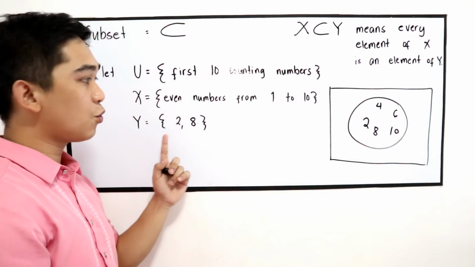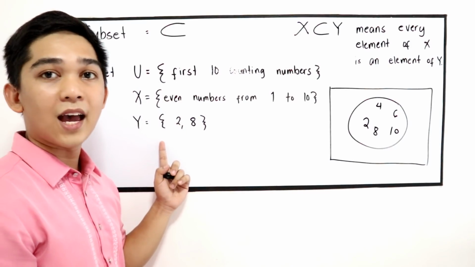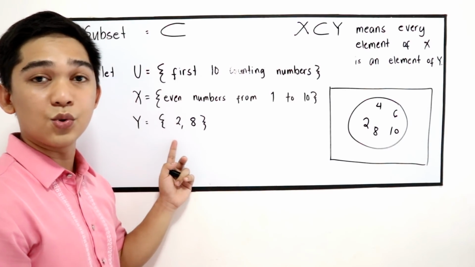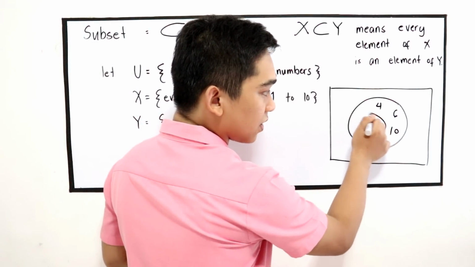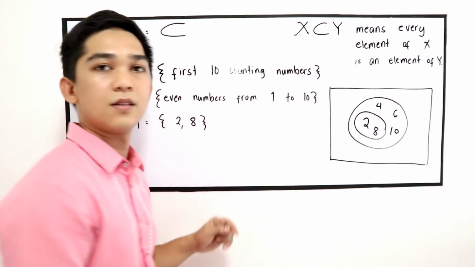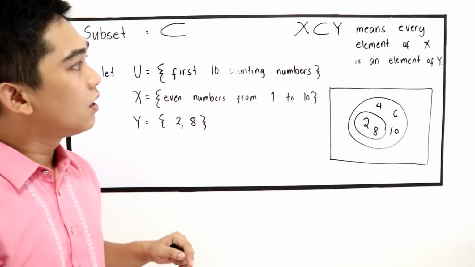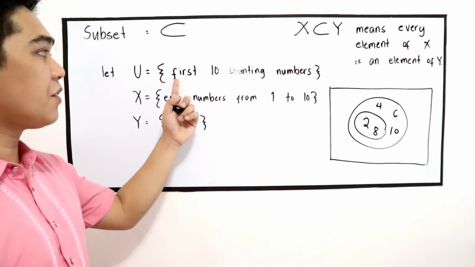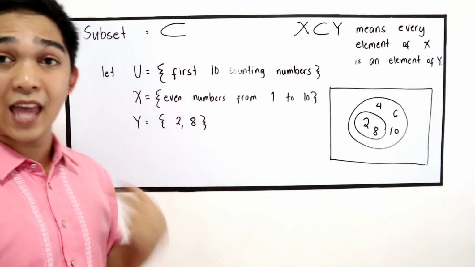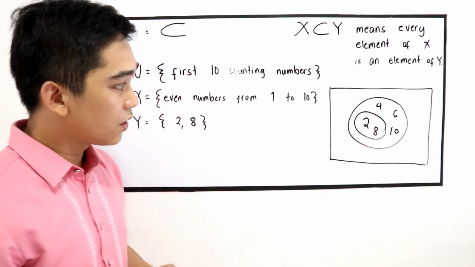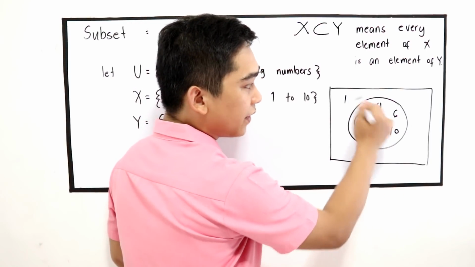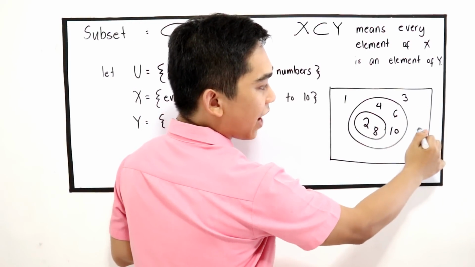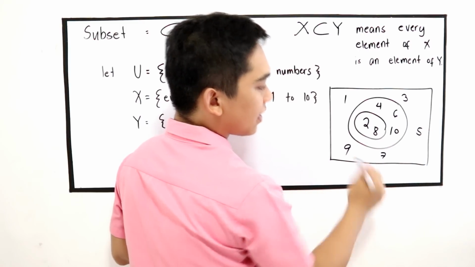We notice that set Y contains 2 and 8. So let us find 2 and 8. So this is the set Y. Now, our universal set contains the first 10 counting numbers. So in this case, outside the circles are 1, 3, 5, 7, 9.